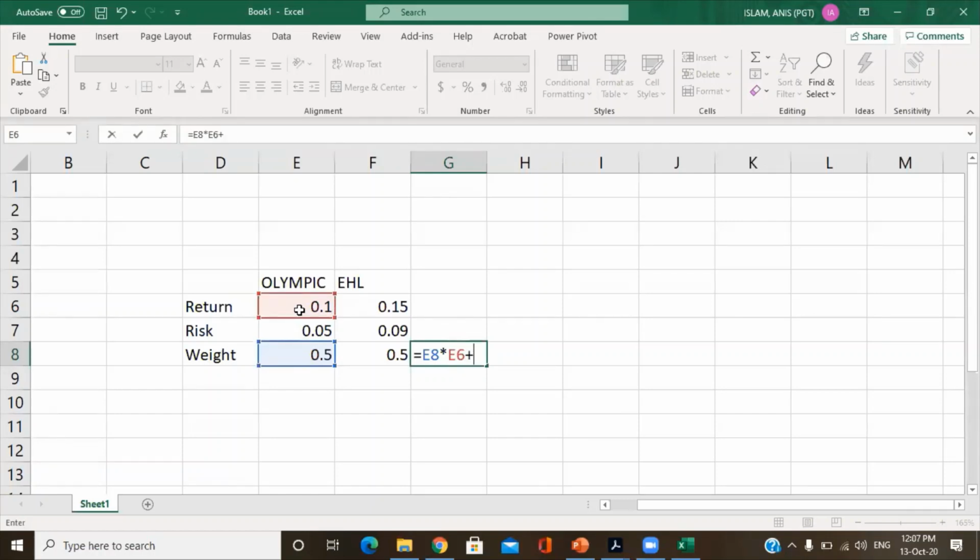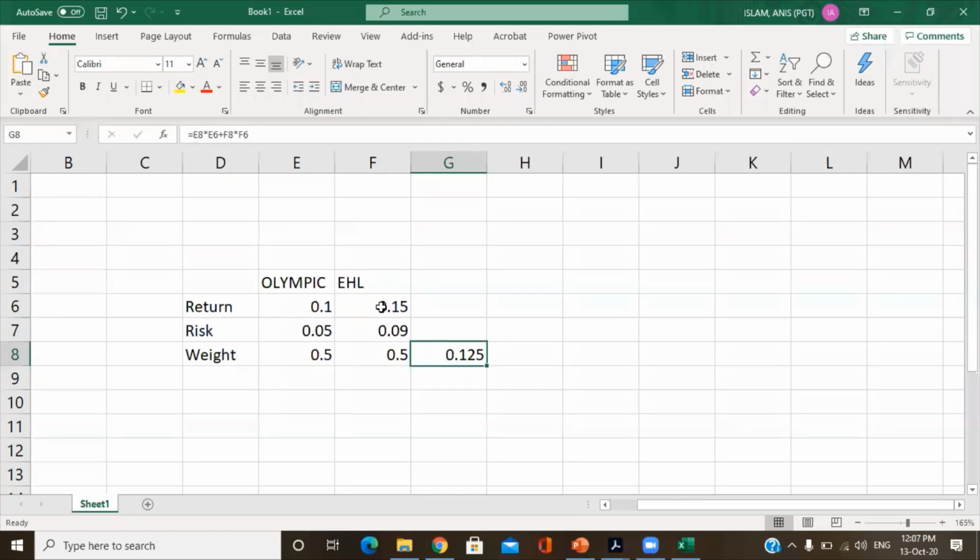I'm trying to recall the weighted average you learned from the basic statistics course. So what is the weighted return of this portfolio? 12.5%. It is the weighted return.